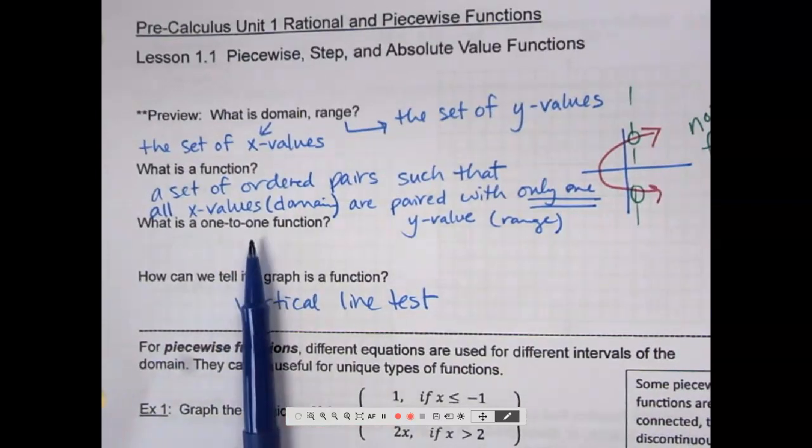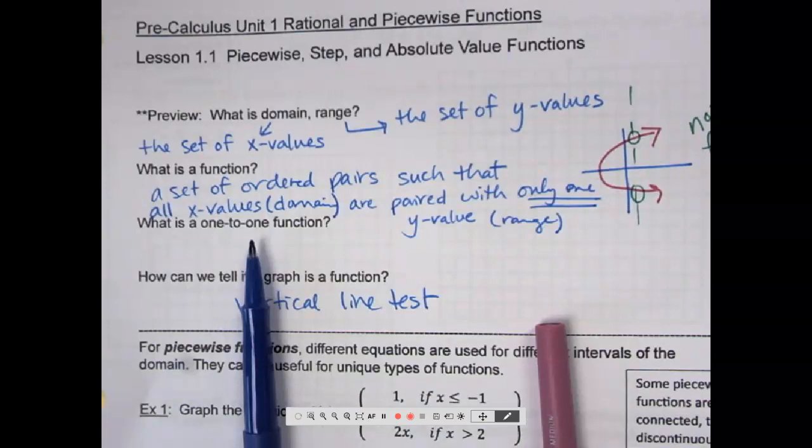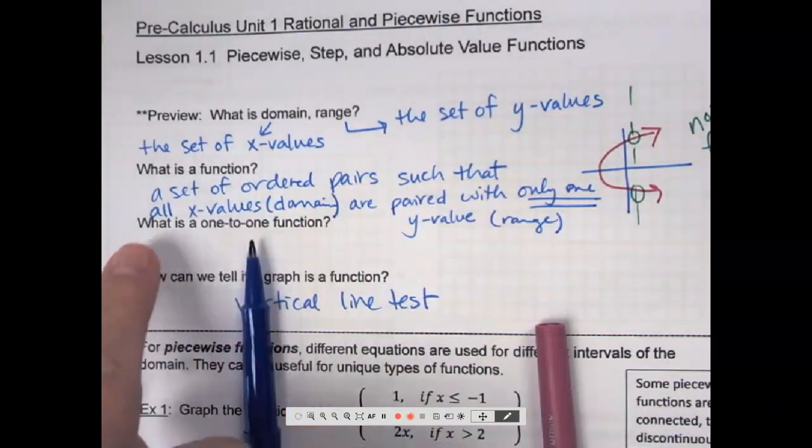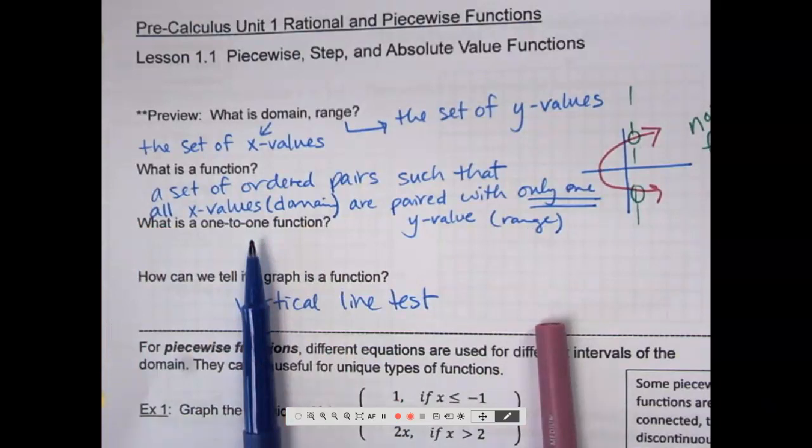What do you think a one-to-one function would be? What does one-to-one mean? For every one of these, there's only one of these? So it would mean that not only does every x pair with only one y, but the opposite is true: every y is only paired with one x.